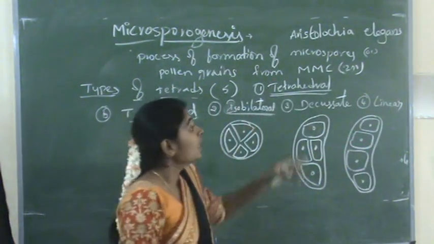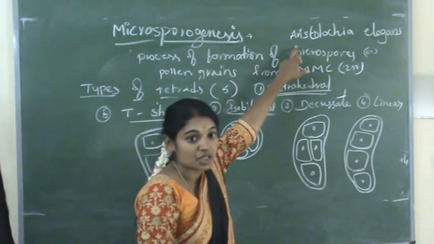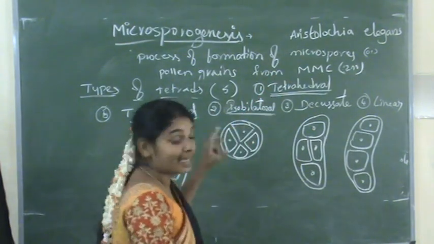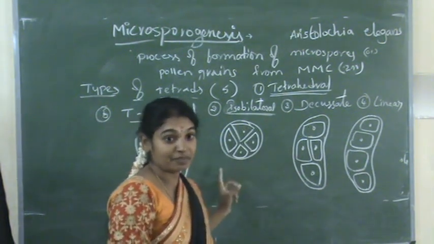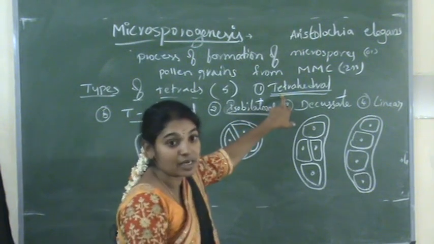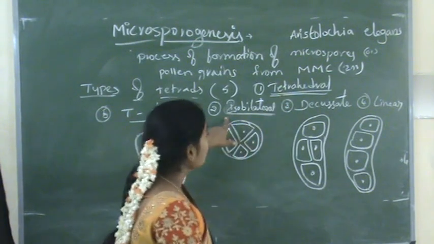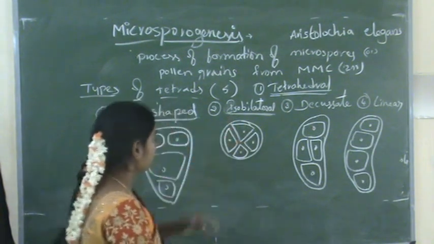It is a dicot perennial plant in which all 5 types of tetrads are formed. But in general, any one type of tetrad is formed. So generally, in dicots tetrahedral, in monocots isobilateral tetrads are formed.